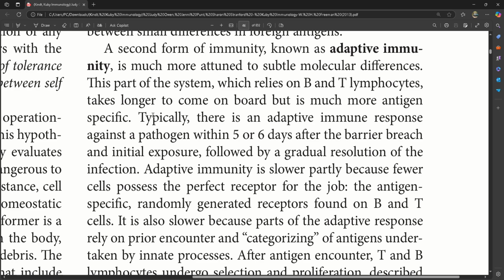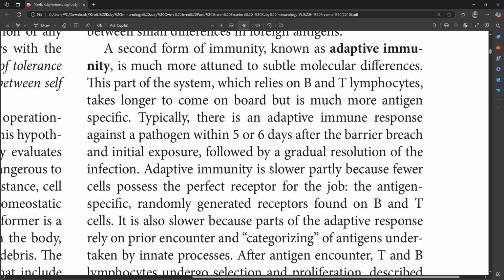It takes longer to come on board but is much more antigen specific. Typically, there is an adaptive immune response against the pathogen within 5 or 6 days after the barrier breach and initial exposure, followed by a gradual resolution of the infection.